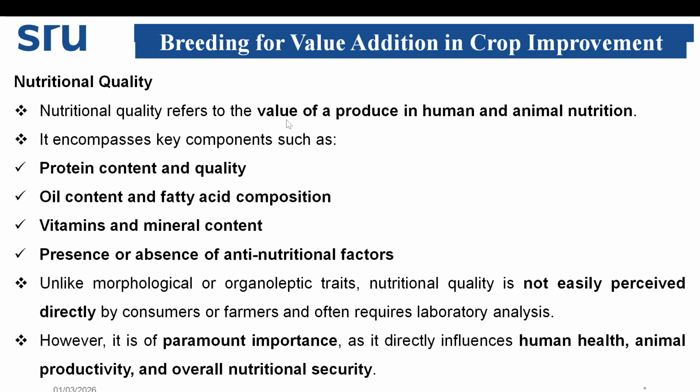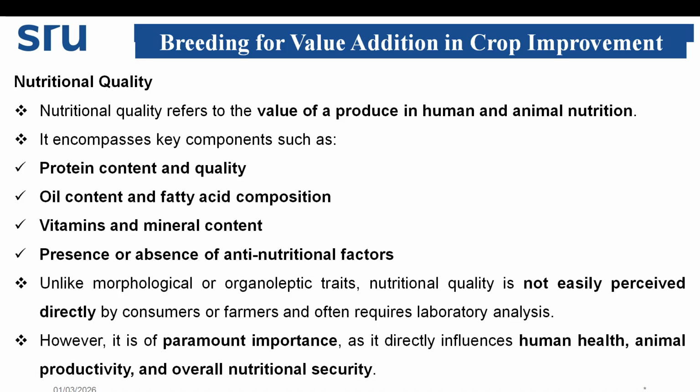Next, nutritional quality. So the nutritional quality refers to the value of produce in human and animal nutrition. It encompasses key components such as protein content and quality, oil content and fatty acid composition, then vitamins and mineral content, and last, presence or absence of anti-nutritional factors.